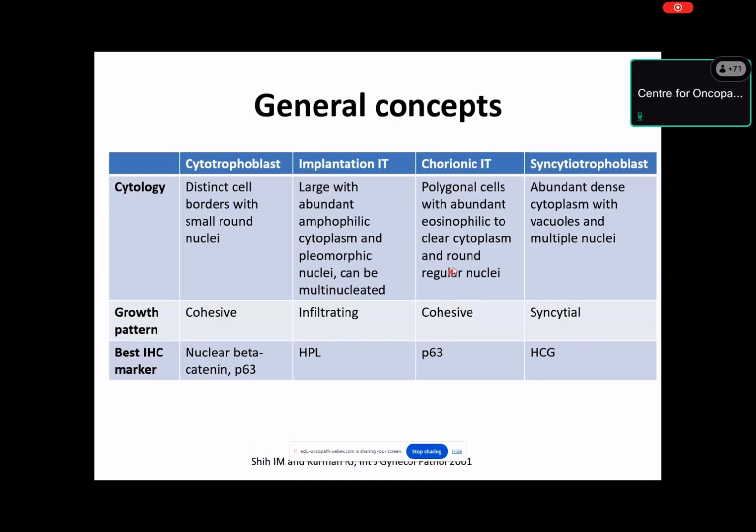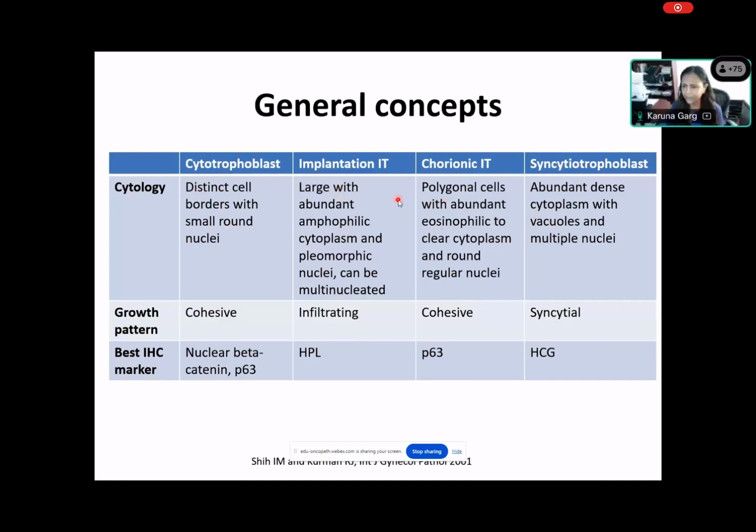Yes. Thank you. Okay. So again, these are the types of trophoblastic cells, and here I've listed the cytologic features of each. Again, the syncytial trophoblastic cells are the only ones with multiple nuclei. The others are mononuclear cells. The cytotrophoblasts are easier to recognize because they are small and they have a small amount of cytoplasm as well.